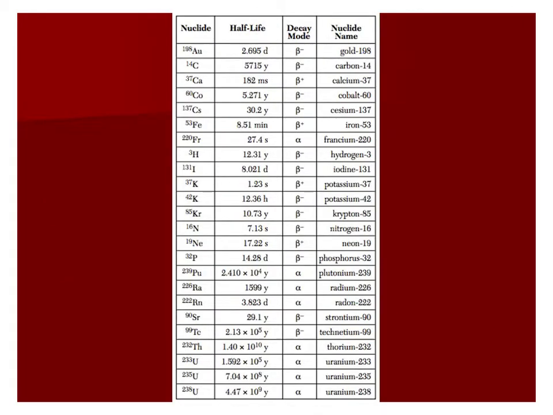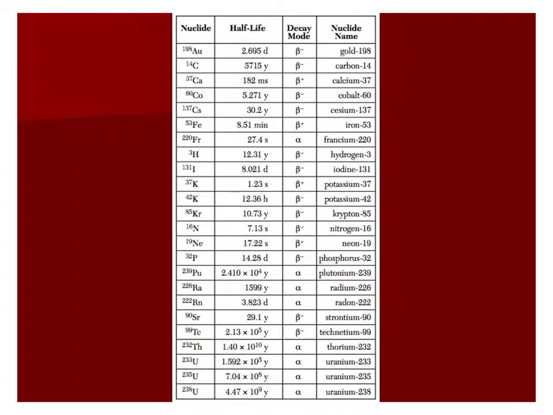Here are some nuclides with various half-lives, their decay mode, and their nuclide name. On this column here, we have the chemical symbols for the nuclides. Notice that you don't see the full symbol here, you just see the atomic mass, because by giving you the chemical symbol, you should automatically be able to determine the atomic number.